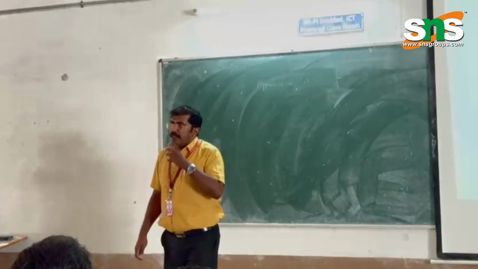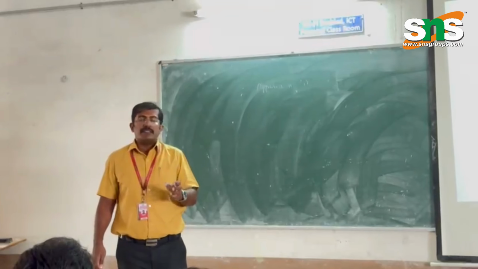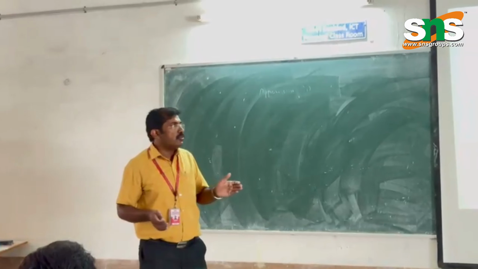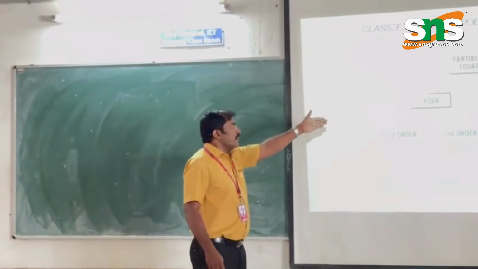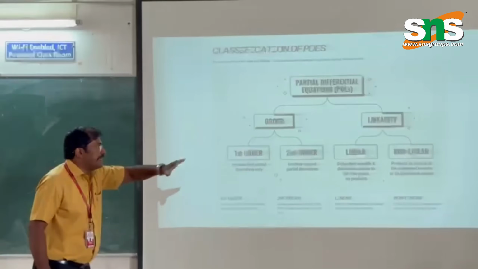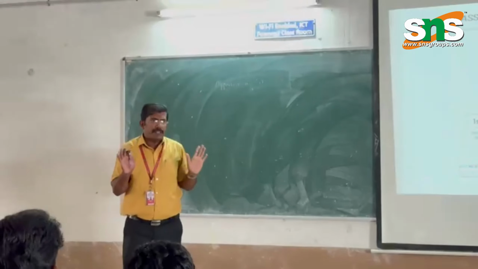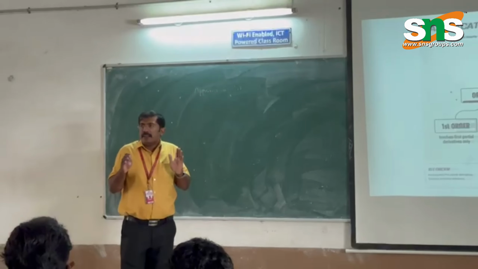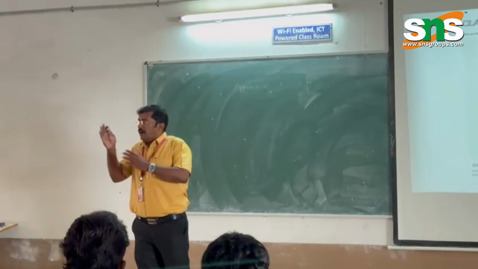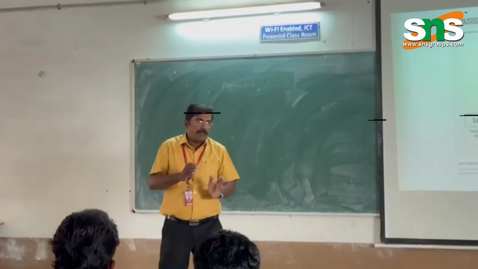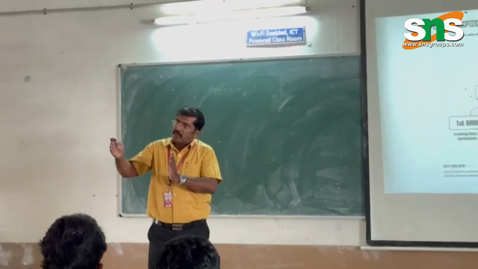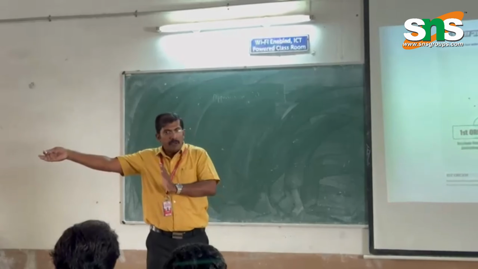So here partial differential equations can be classified into two important ideas based on the order and the linearity. You know, partial differential equations or differential equations, whatever it is, are derivatives which have first order, second order, third order, even we can go to nth order.